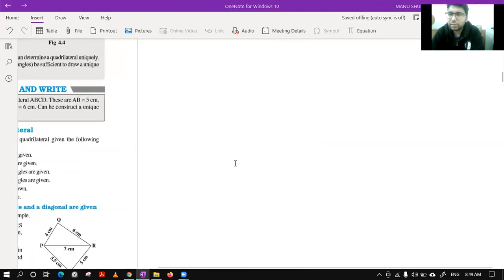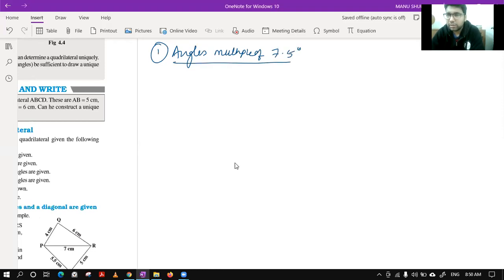I think we have constructed the angles using compass and scale. Angles which are multiples of 7.5 degree. We have constructed all such angles. Like if you understand, you can draw the angle 7.5 degree with the help of the 15-degree angle.